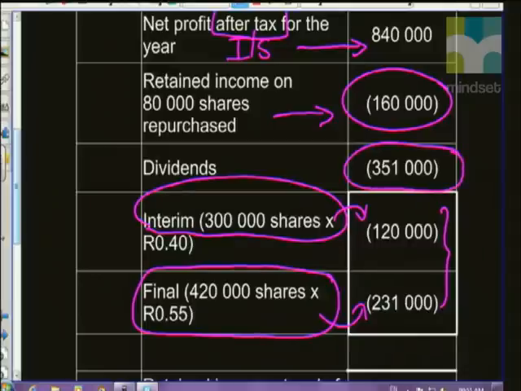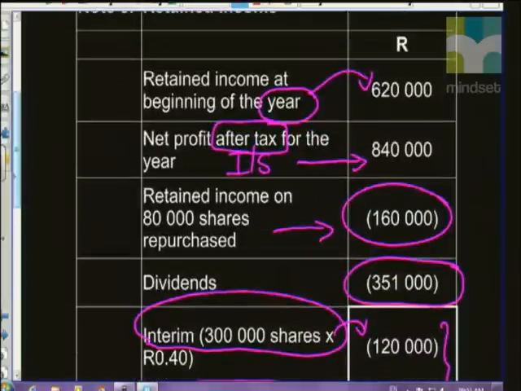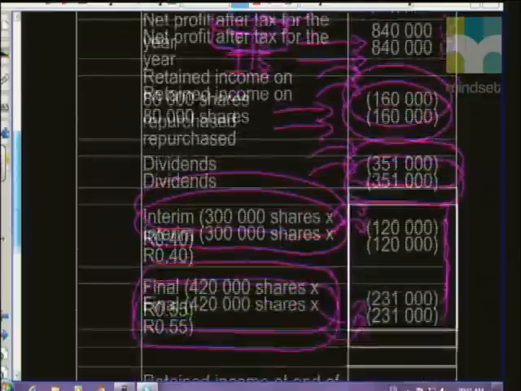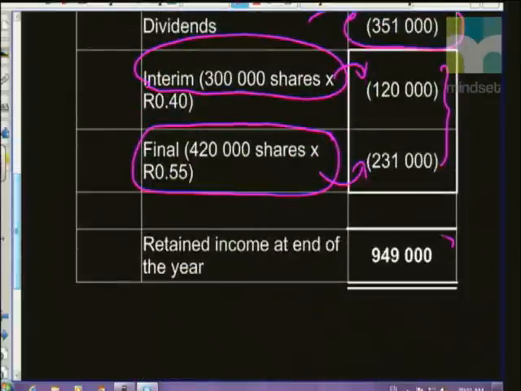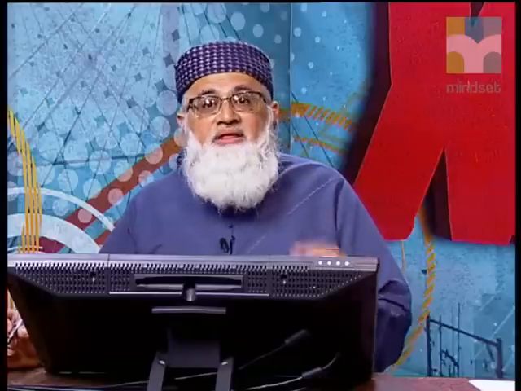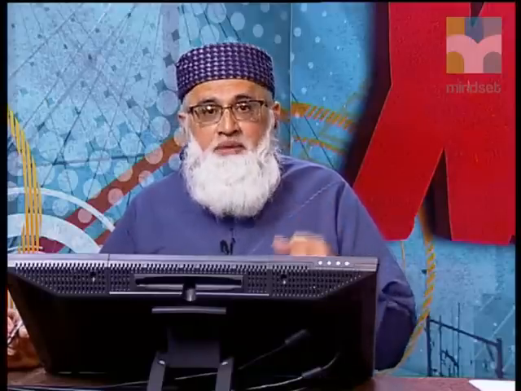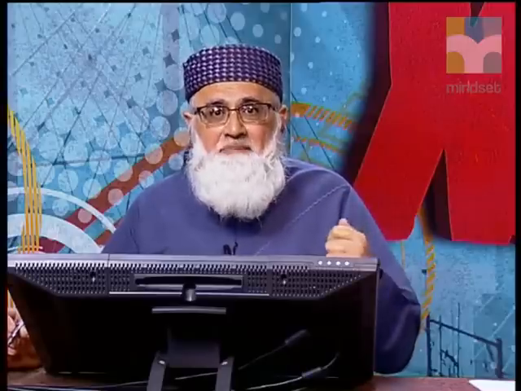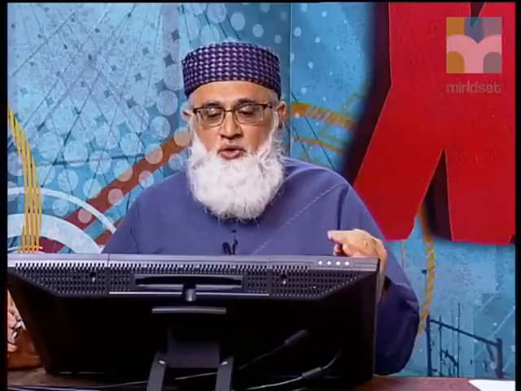So I've got my balance at the beginning of the year, right? I add my net profit after tax. I subtract the retained income portion of those shares that have been repurchased. I subtract my dividends, and voila, what am I left with? I'm left with my retained income at the end of the year. Now, these two figures, which two? My ordinary share capital plus my retained income will then make up my ordinary shareholders' equity.